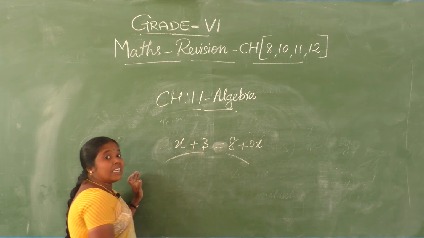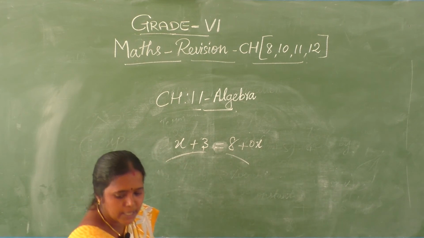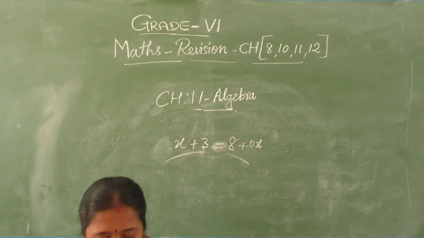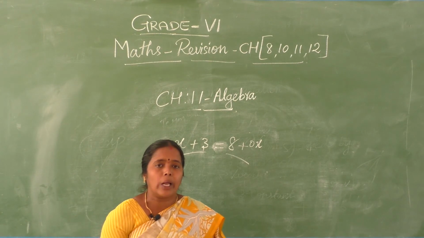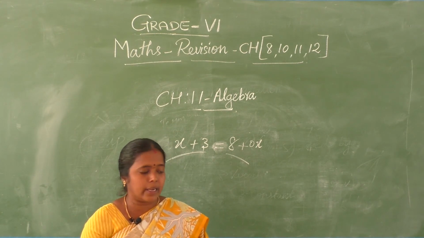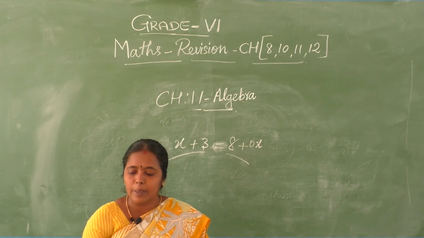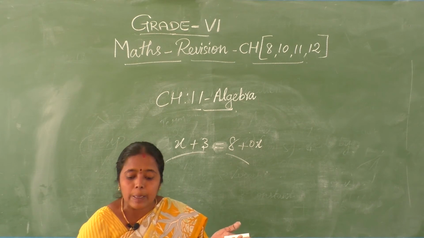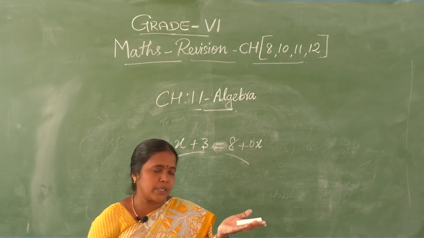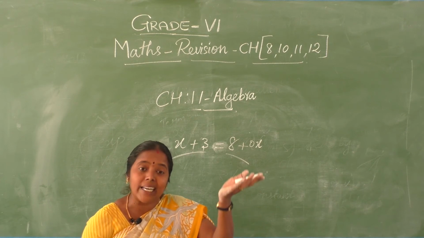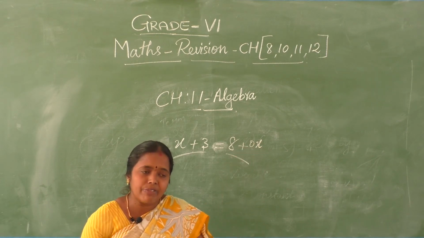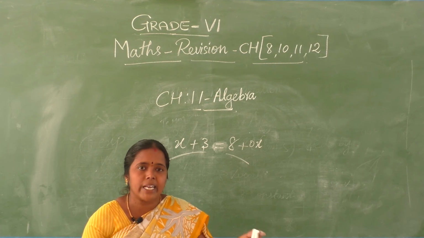It is called an equation. For example, see, equation is nothing but equal. Here I have two chalk pieces, here I have two chalk pieces. At present both are equal. Suppose here there are two chalk pieces and here nothing, so it is unequal. So when will it be balanced, having the same weights on both sides?